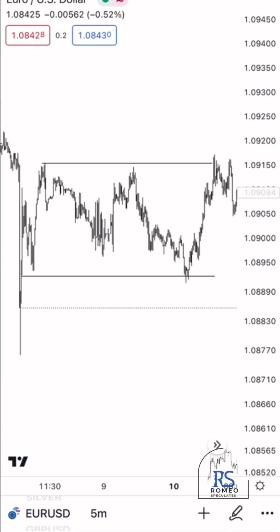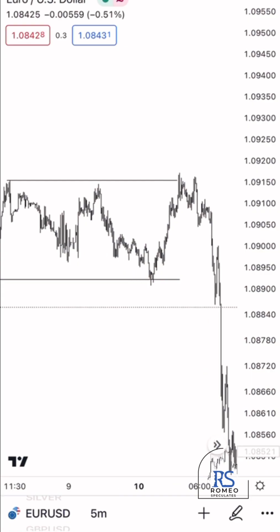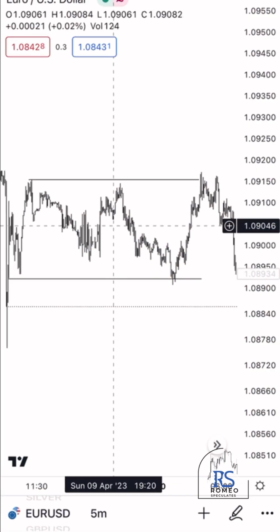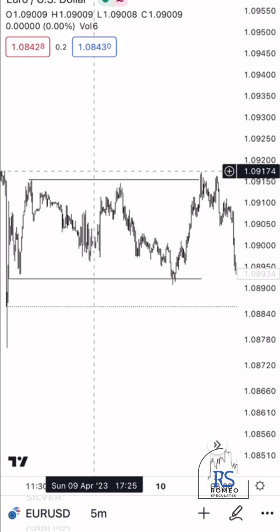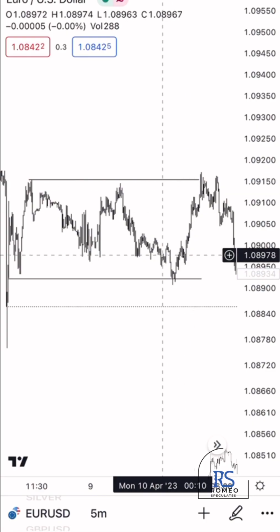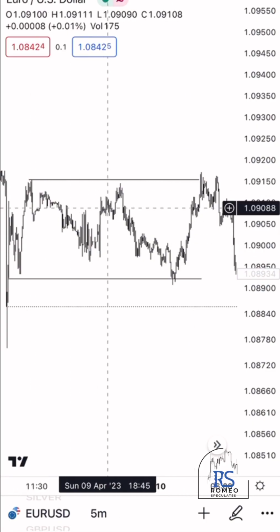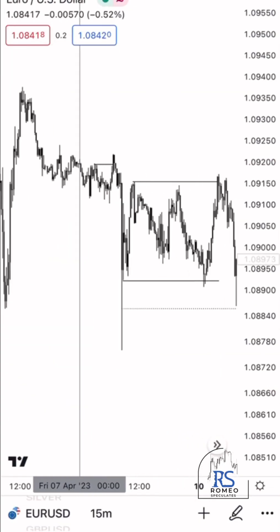So range, clear defined range, right? And if you've been following along for a while, you'll have known by now that one of my favorite types of turtle soup is this double top and then a purge of the equal highs, which are also previous week's high, right? So I'm not taking these equal highs for the sake of being equal highs.